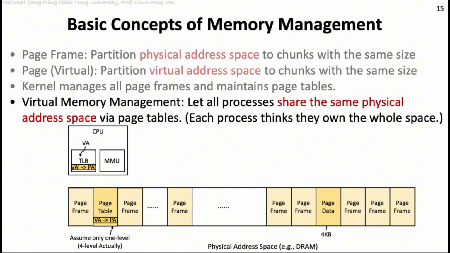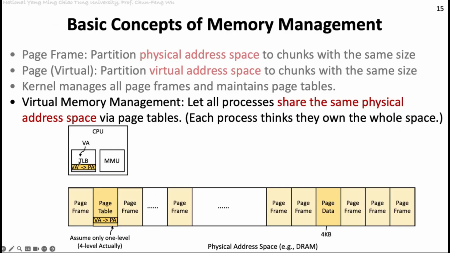But when the CPU gets the instruction from the code, they are all virtual addresses, because the programmer only knows the virtual address, same as the compiler. Compiler only knows the virtual address, right?